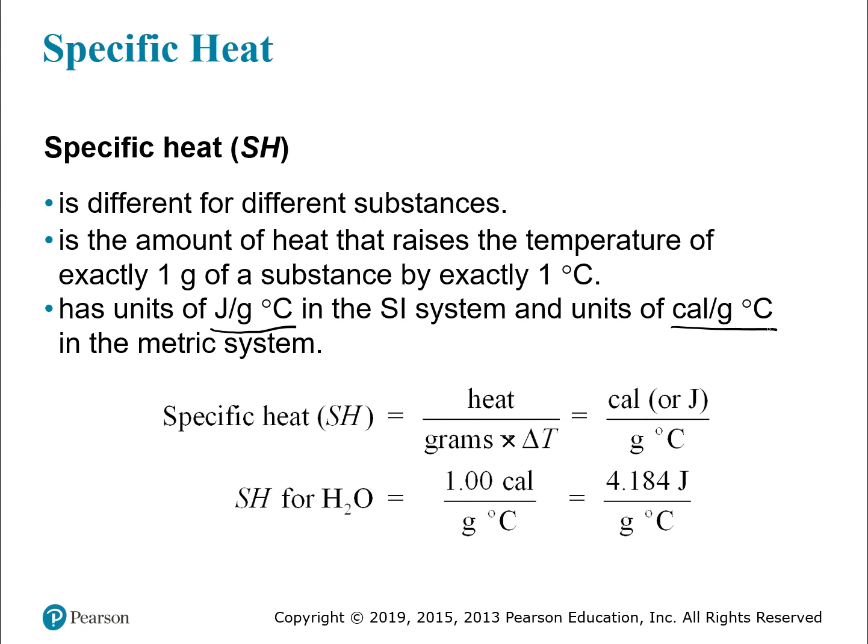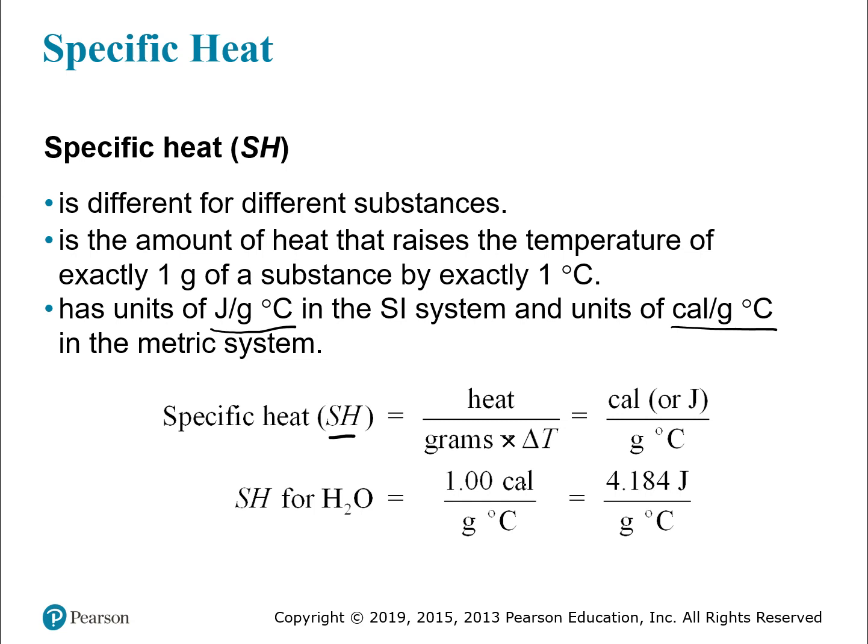The equation for calculating specific heat, which is abbreviated SH, is the heat divided by the mass in grams times the change in temperature. And the change in temperature is in Celsius. For water, you have 1 calorie.